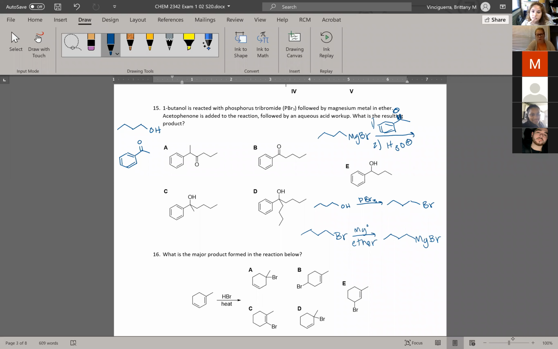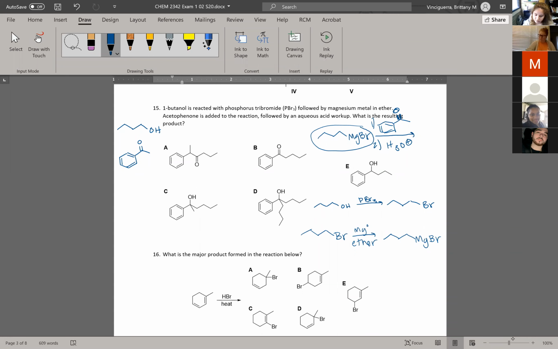C. So a couple things I want to point out about the answers that are provided. You were only given one equivalent of the Grignard, and then your ketone has this methyl group here.